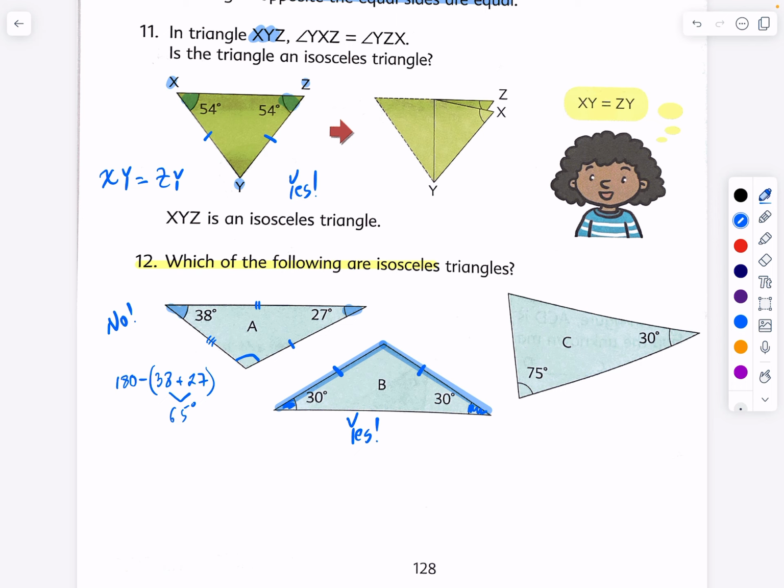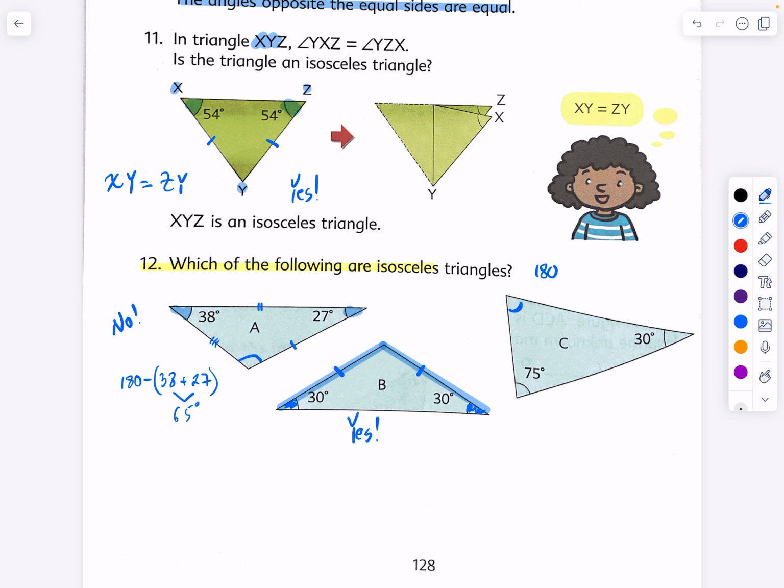Okay, my friends, we have a 75-degree angle and a 30-degree angle. Okay, no angles are the same, but to be sure, let's find the third angle. Let's use the theorem that we know all angles in a triangle add up to 180 degrees. So let's subtract 75 and 30 degrees. And what do we have? 180 minus 105.